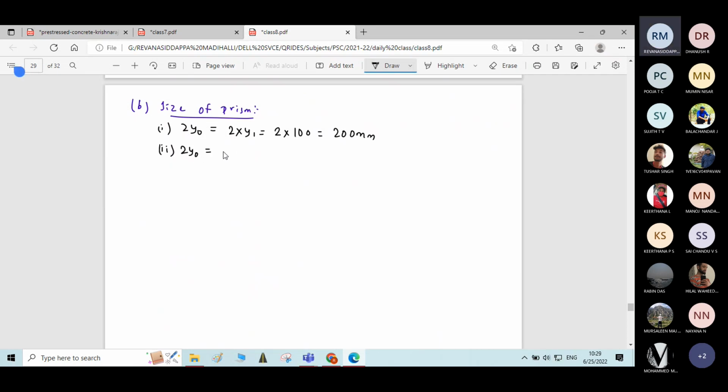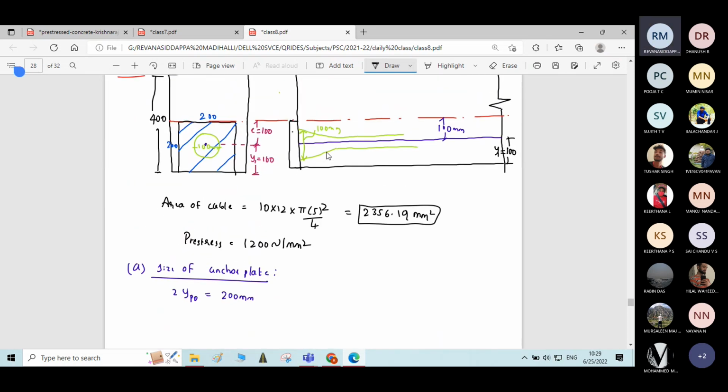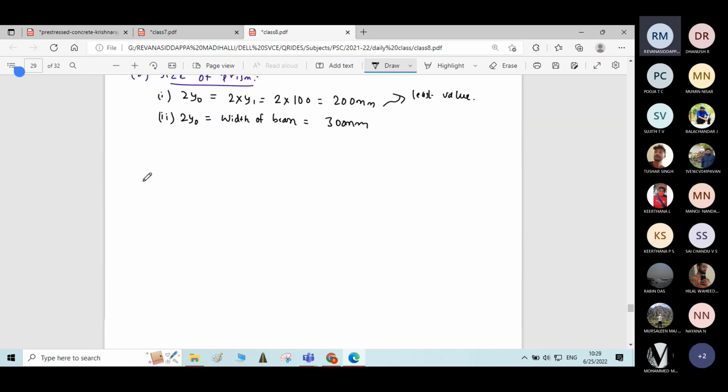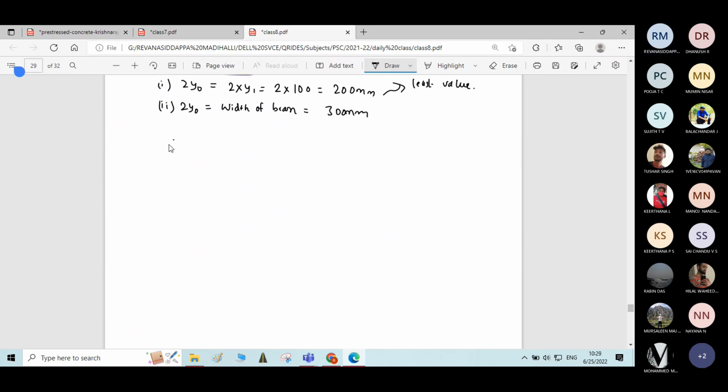Size of prism 2y0 is equal to width of beam. How much it is given? Width of the beam is given as 300 mm. So out of these values, 200 mm is the least value. Okay, we have to take least value for fixing the size of the prism. Therefore, take size of the prism 2y0 is equal to 200 mm.